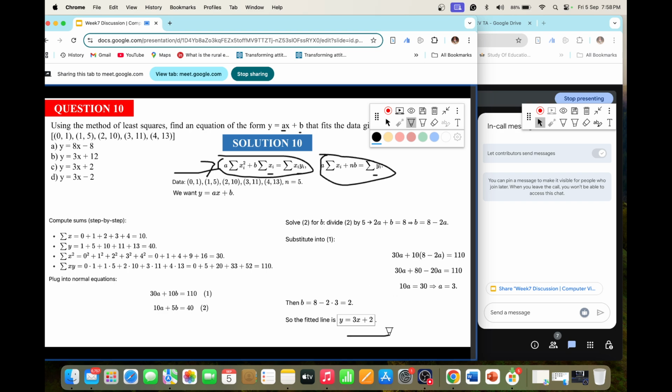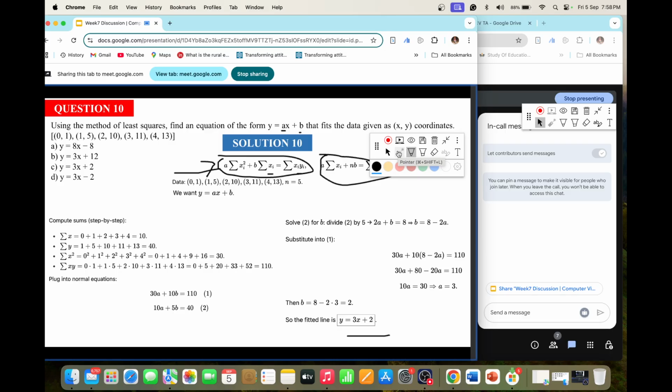So this is another method to solve the least squares problem, or you can easily solve it from what I have told: m is given by covariance of xy divided by variance of x, and the intercept is given by y bar minus m into x bar.